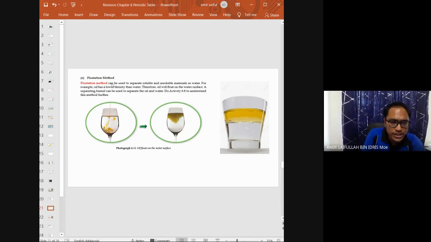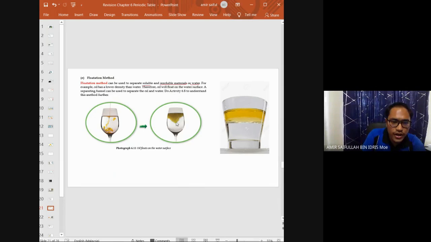Then we have the flotation method. Flotation method is used to separate soluble and insoluble material found in water. For example, oil has a lower density than water, so oil will float on the water surface. So it can be used to separate oil and water.